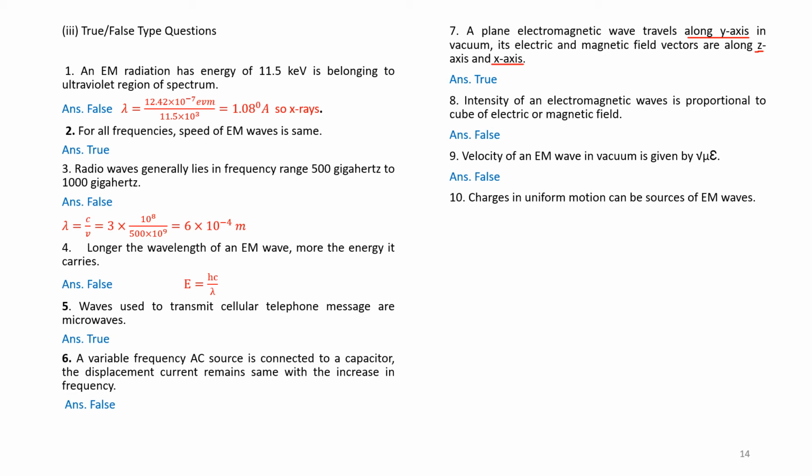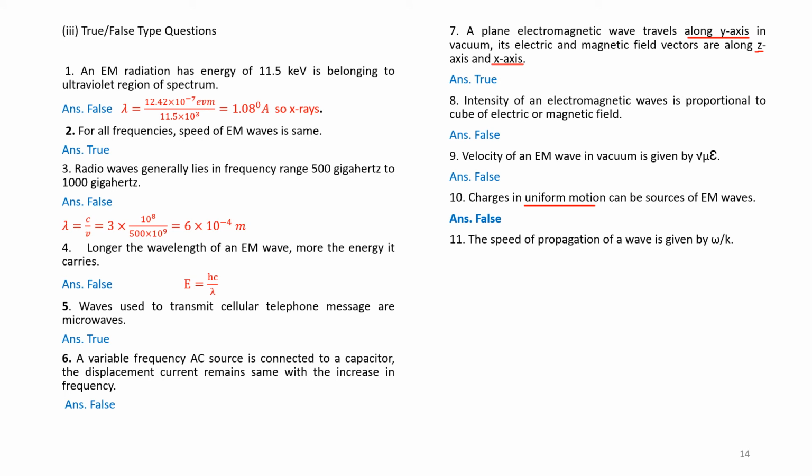Question number 10. Charges in uniform motion can be sources of electromagnetic waves. It is false. Uniform, you see, it should be accelerated. If it is uniform, it cannot generate an electromagnetic wave. So that is why it is false.